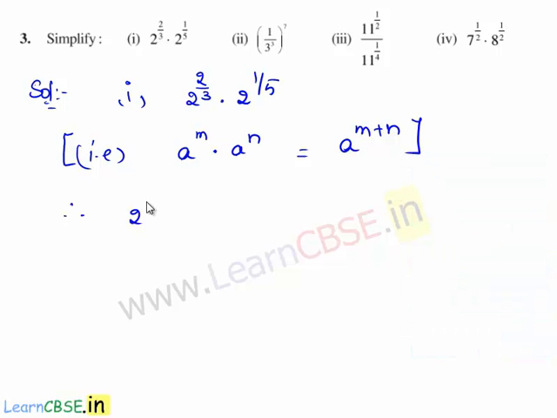Therefore, 2 raised to the power of 2 by 3 times 2 raised to the power of 1 by 5 is written as 2 raised to the power of 2 by 3 plus 1 by 5. So now we add the powers 2 by 3 plus 1 by 5.